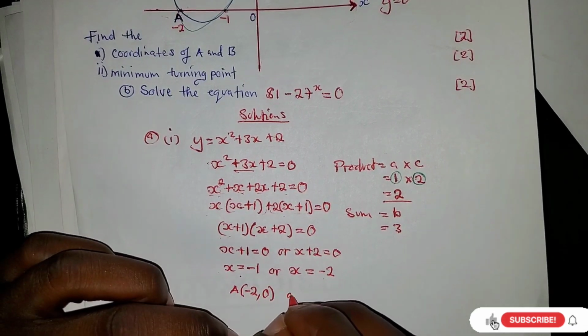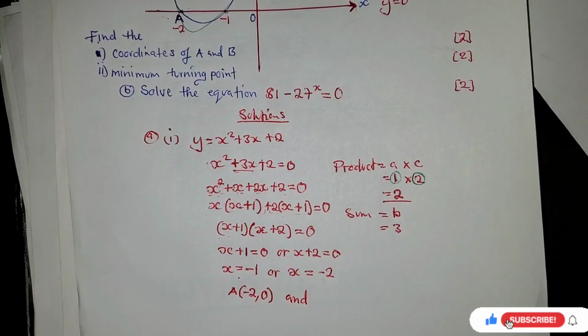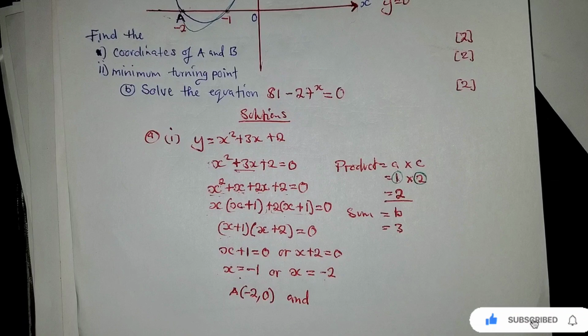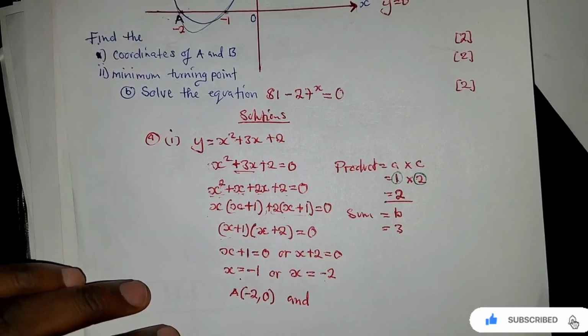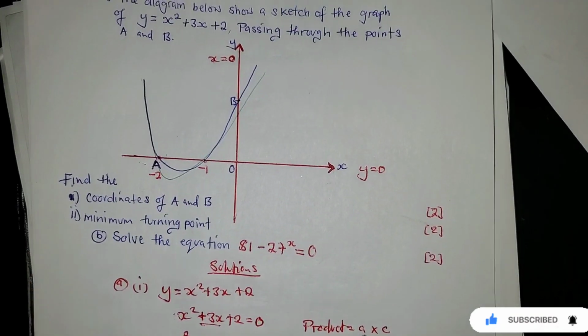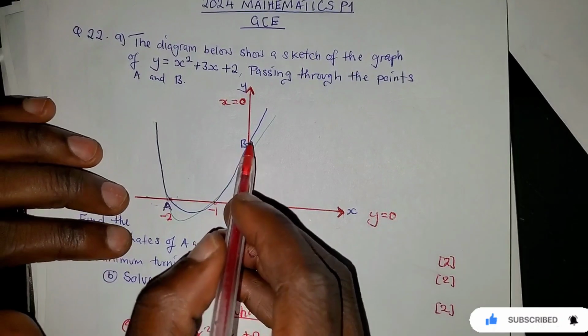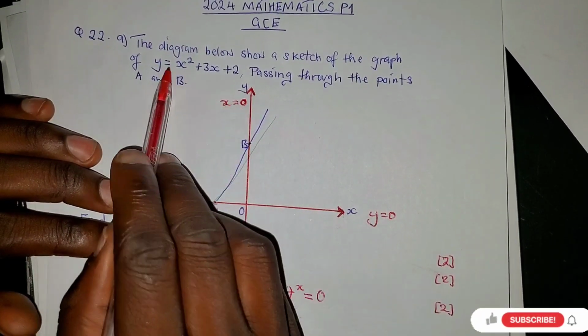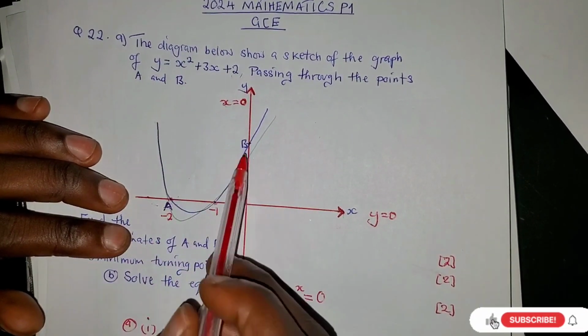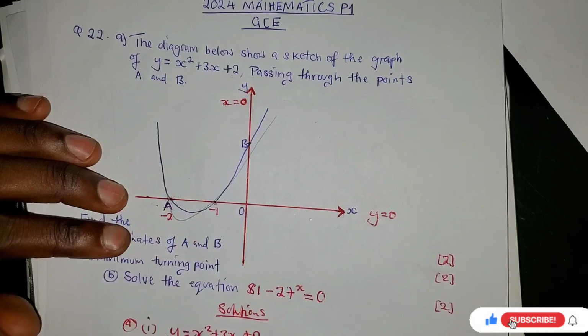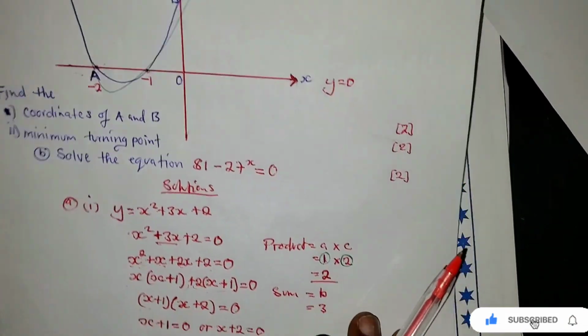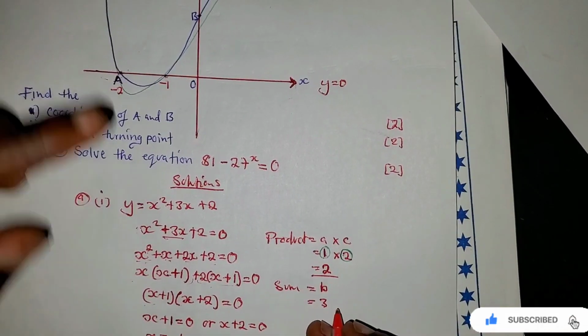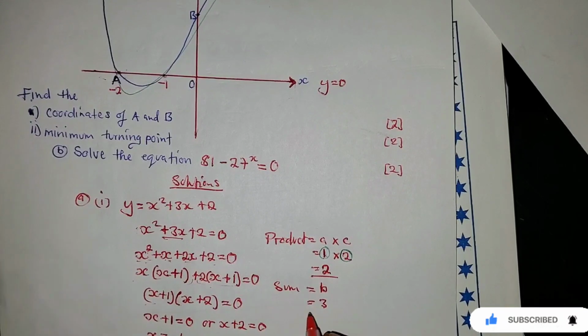Okay? And listen very carefully. The value of y here is the constant number. The value of y at b here is a constant number. Let me show you that you can just get 0, 2.